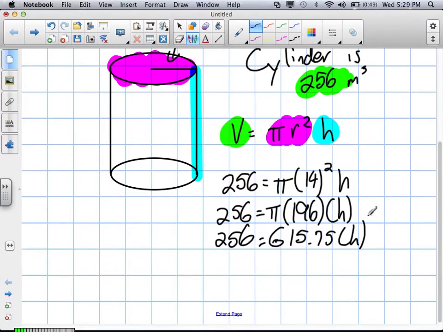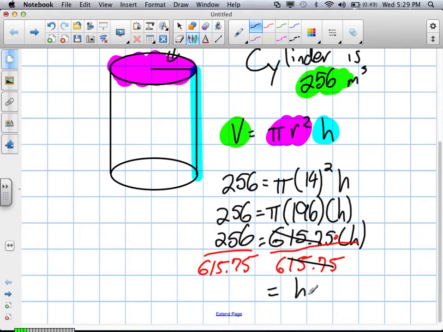I have to isolate h. So in order to isolate h, what do I do with the 615.75? Do you know? Divide it? Yeah, that's right. Because it's technically multiplied by h, we divide both sides by 615.75. On this side, it creates a 1, commonly known as canceling out.